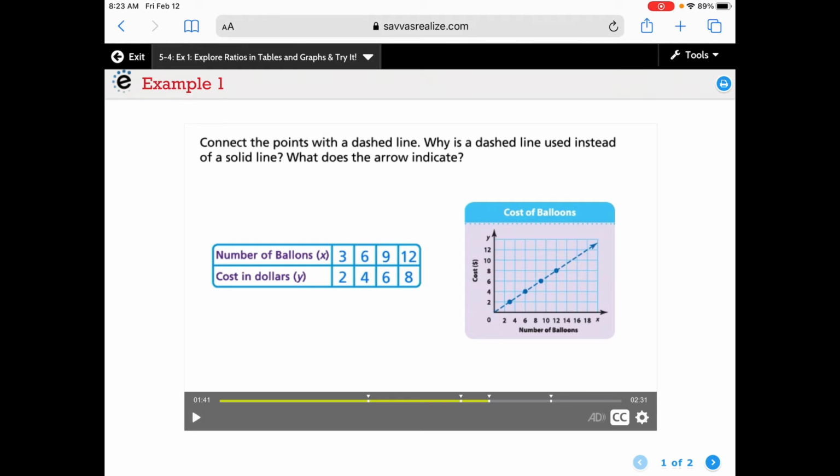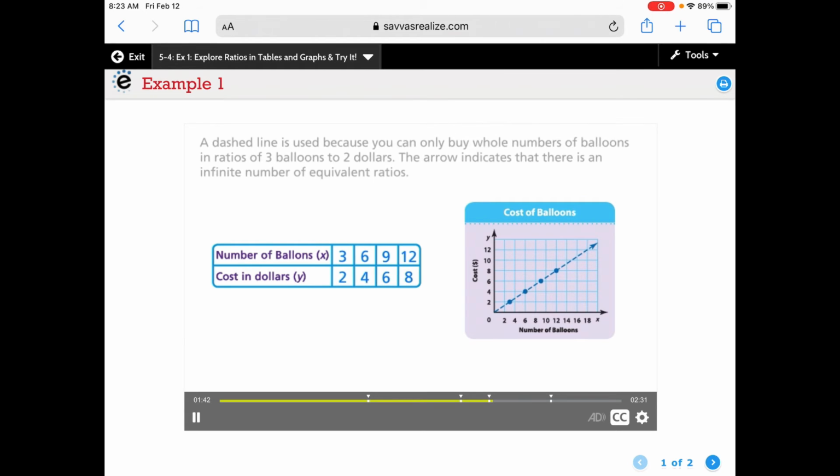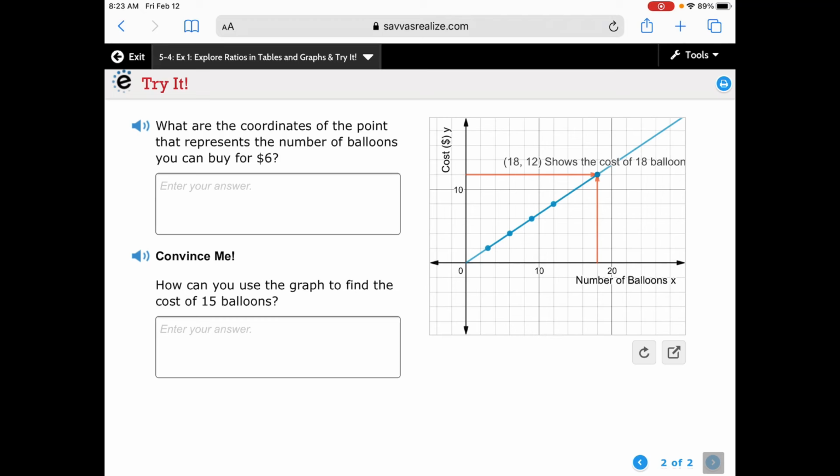All right. A dashed line is used only because you can only buy whole numbers of balloons in ratios of 3 balloons to $2. The arrow indicates that this goes on infinitely, so we could predict whatever we're going to get for the next ones. Right now, what are the coordinates of the point that represents the number of balloons you can buy for $6?